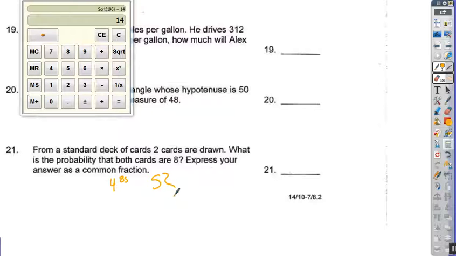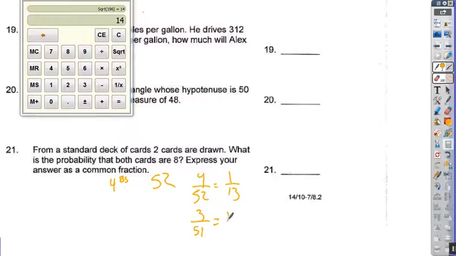52. Excuse the yawning. All right, so that means in my first draw, I have a 4 in 52 chance, which is also equal to a 1 in 13 chance. And then on the second time I take it, and I'm assuming that I'm not replacing the card, I only have a 3 in 51 chance of getting it.